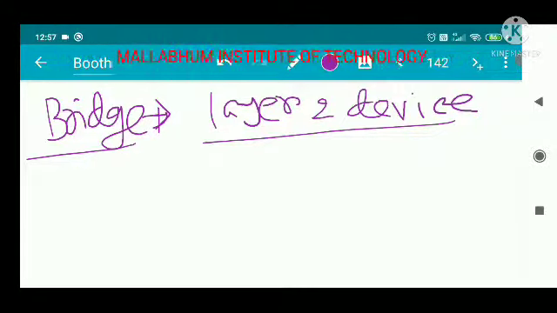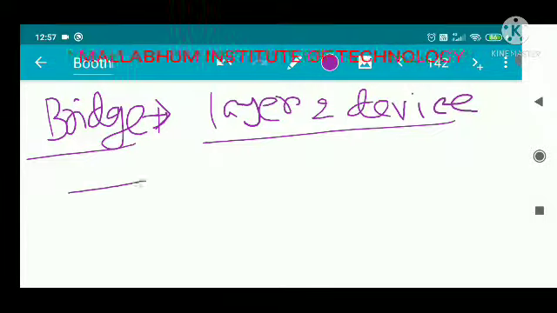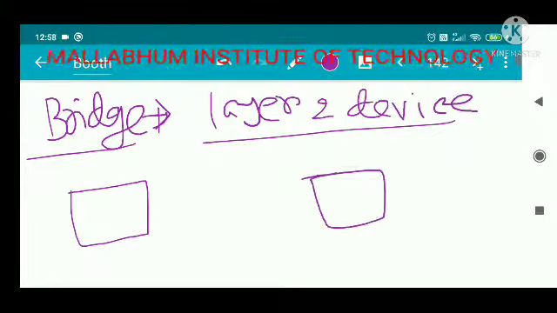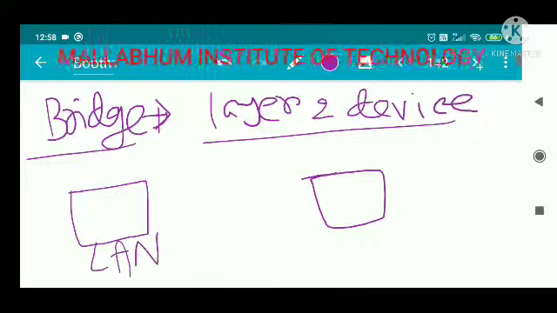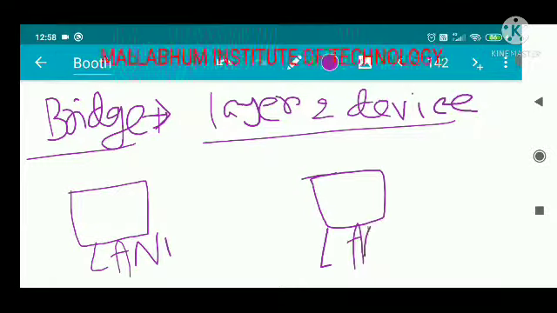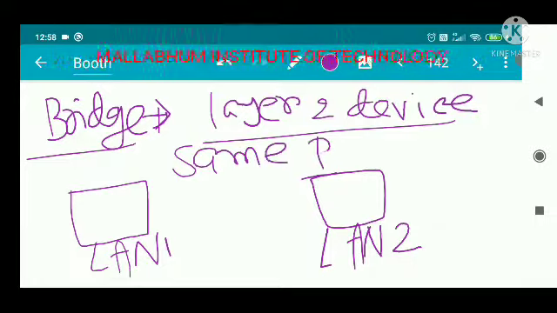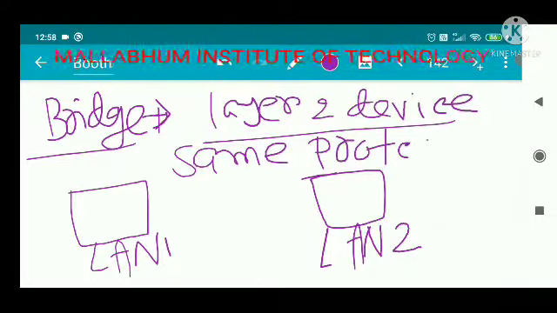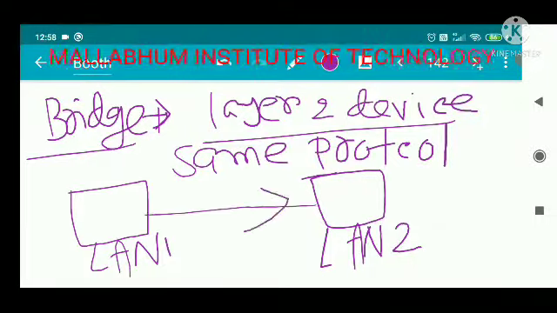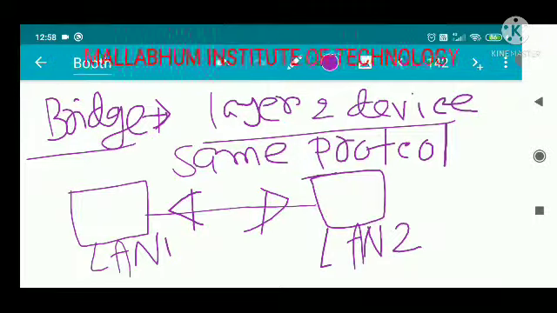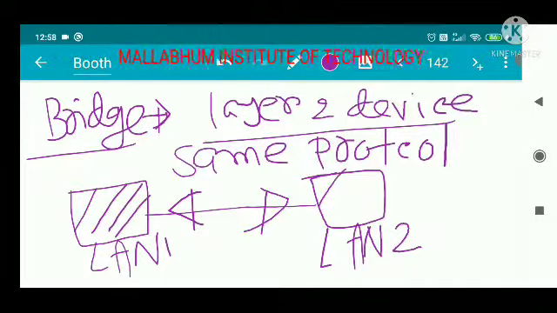That means it connects different local area networks. Suppose there is a LAN 1 and a LAN 2, and both these local area networks run with the same protocol. Then the bridge can connect these two local area networks.